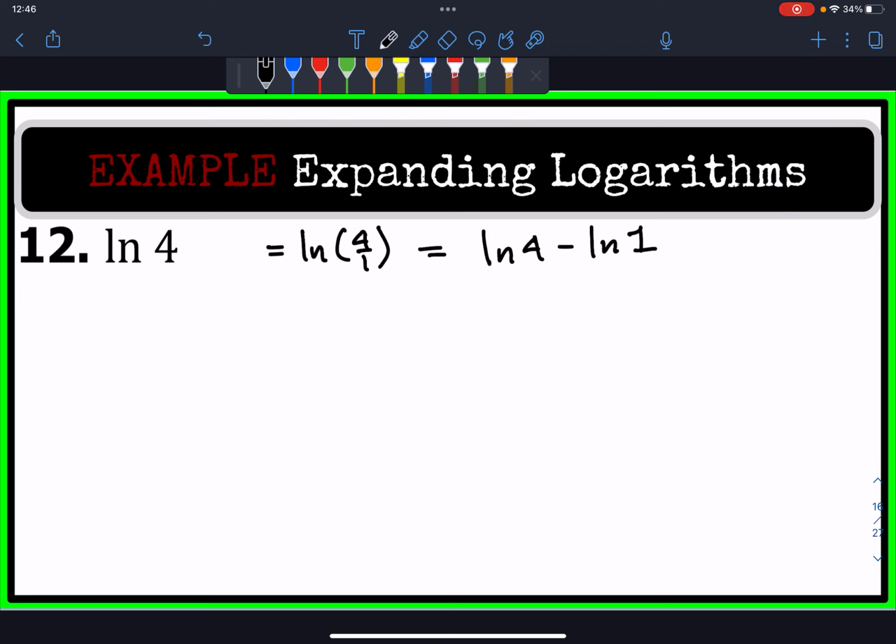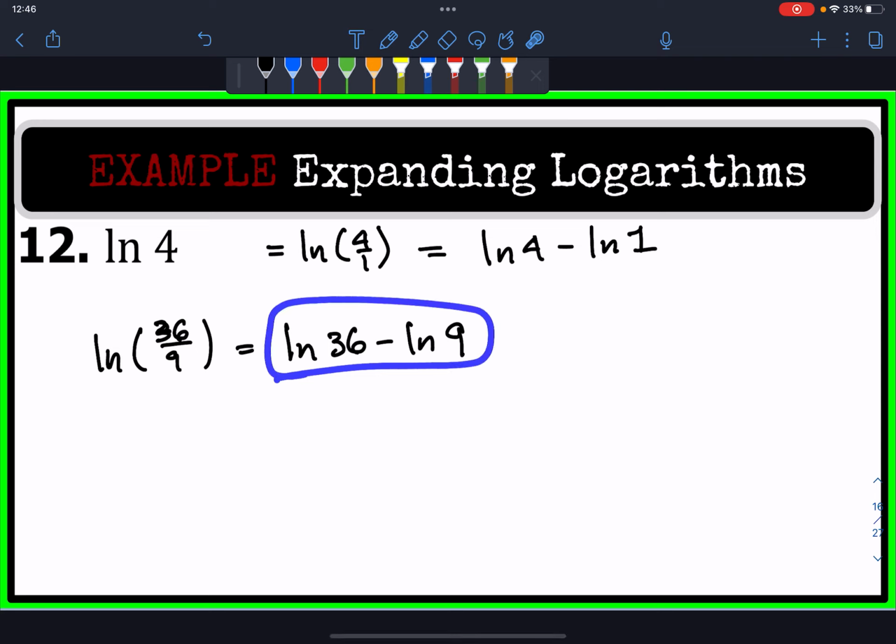But if we think about 4 as, let's say, 36 divided by 9, then the expanded form would be the natural log of 36 minus the natural log of 9. That again would be the expanded form for this. And there you have it.